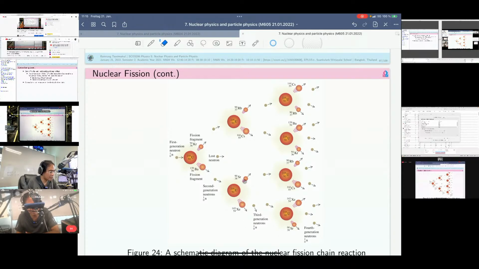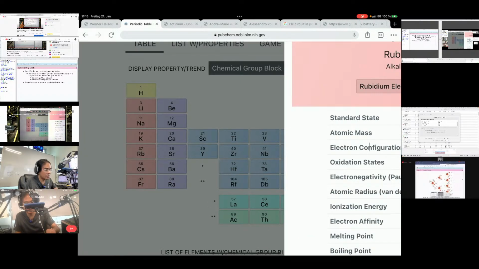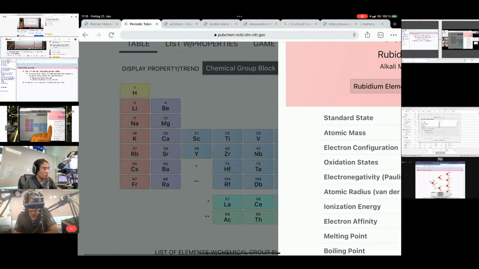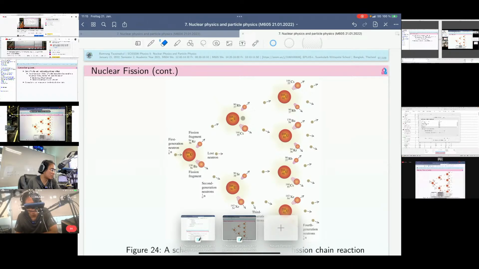Rb. What is that? I know Cs is cesium, right? Rb is rubidium, okay? We could get any combination of that, rubidium or cesium, and strontium and xenon too, right?